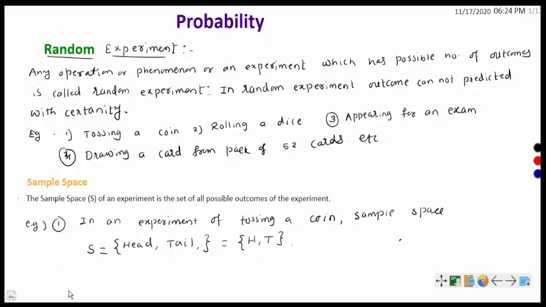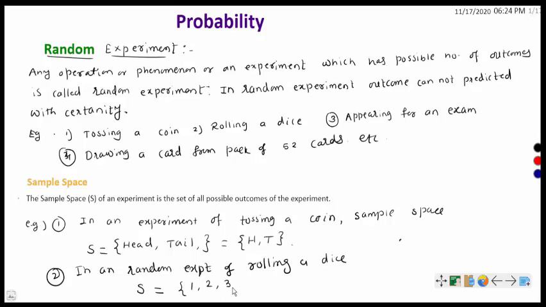Second one, in a random experiment of rolling a die, the sample space S is equal to the numbers 1, 2, 3, 4, 5, 6.